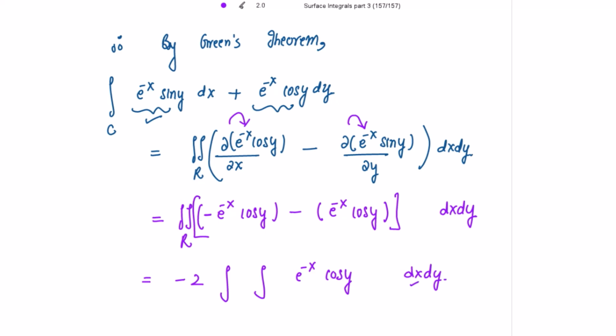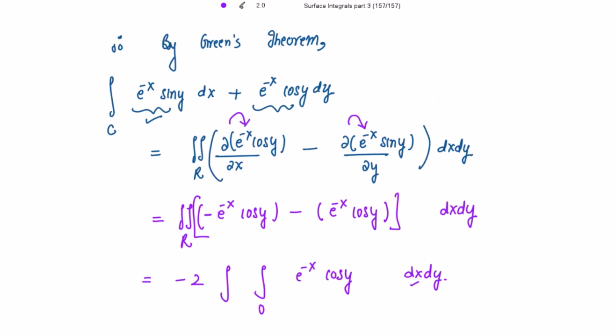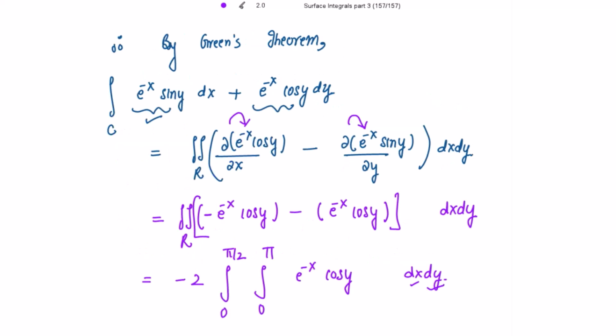Writing the limits for x, it is from 0 to pi. And writing the limits for y, it is from 0 to pi by 2. Very fine. Let's integrate this with respect to x first.